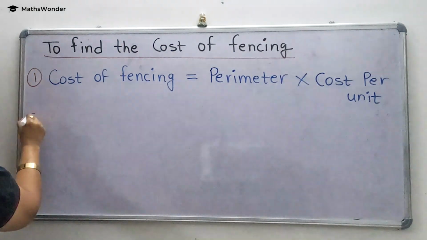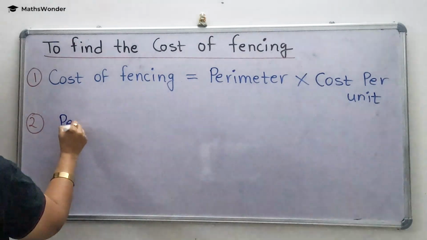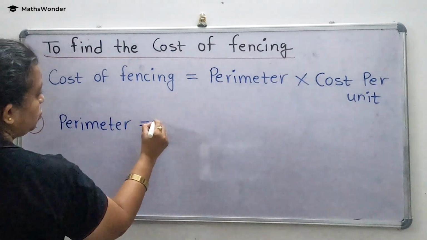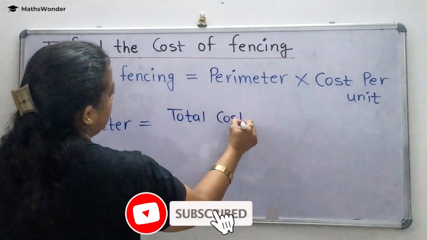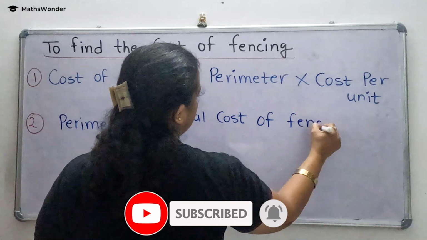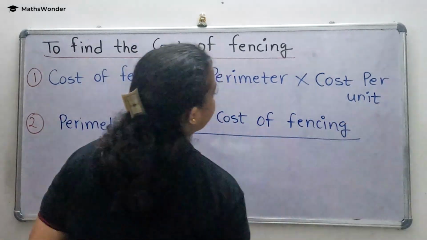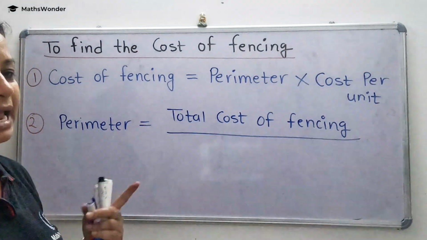Second important: suppose only the costing is given in the question and you have to find the perimeter. So what is the formula of perimeter when costing is given? Perimeter is equal to total cost of fencing over cost given in dollars, rupees or any currency.